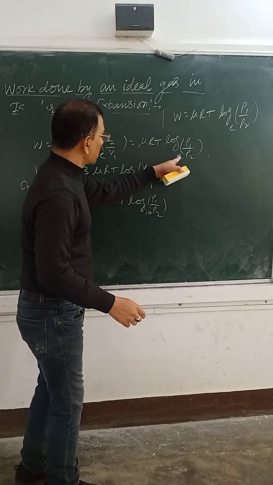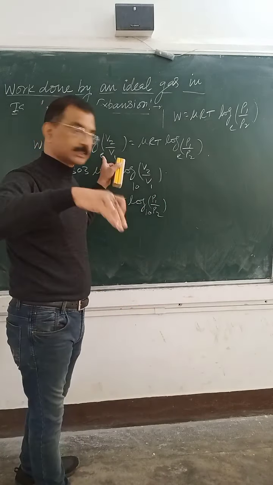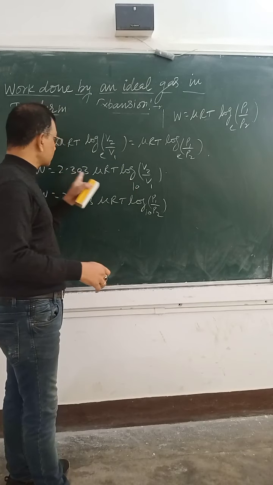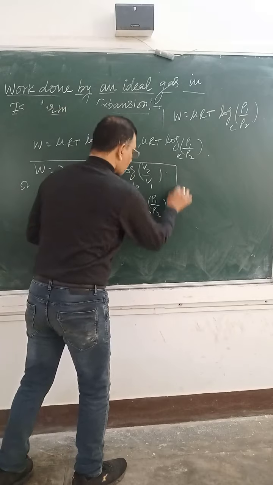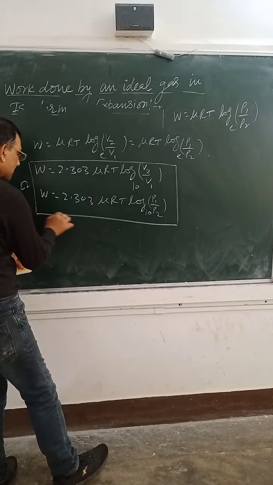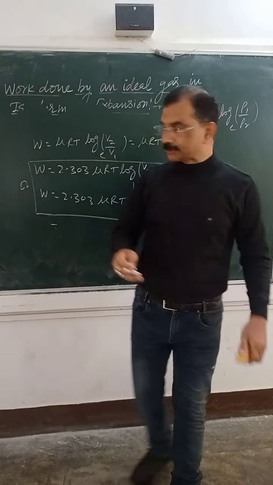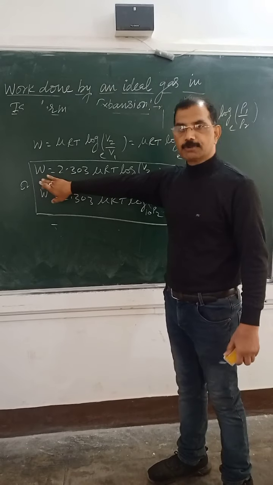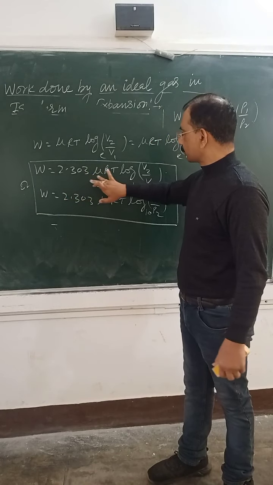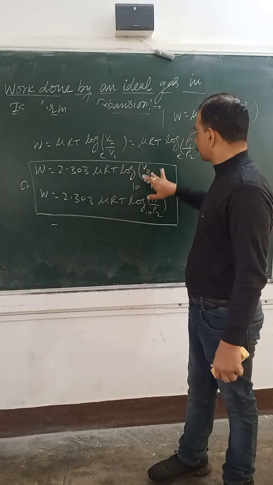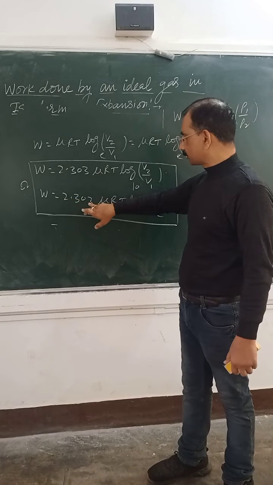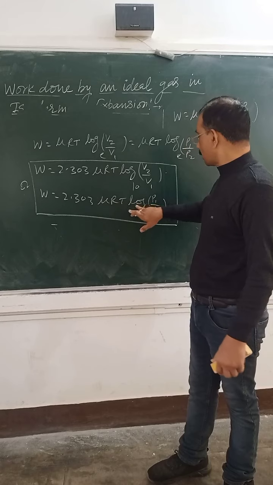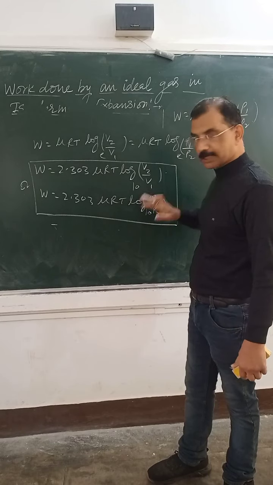So here the base is e, and to change base e to base 10 we multiply by 2.303. So in this way you can say work done by an ideal gas in isothermal expansion is given by W is equal to 2.303 mu RT log v2 by v1 to the base 10, or W is equal to 2.303 mu RT log p1 by p2 to the base 10.